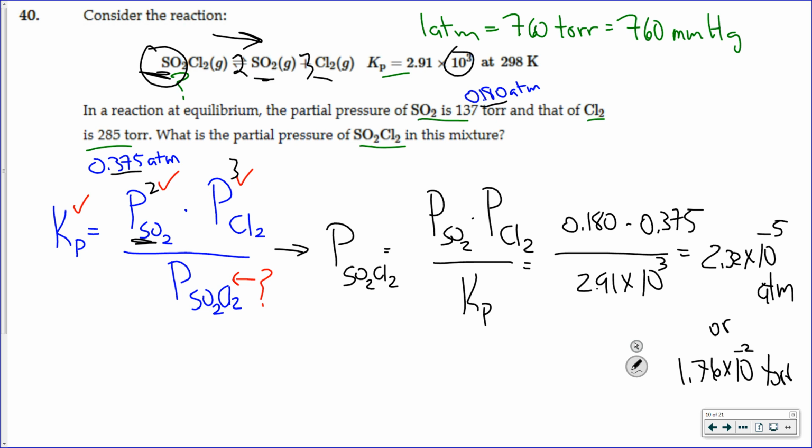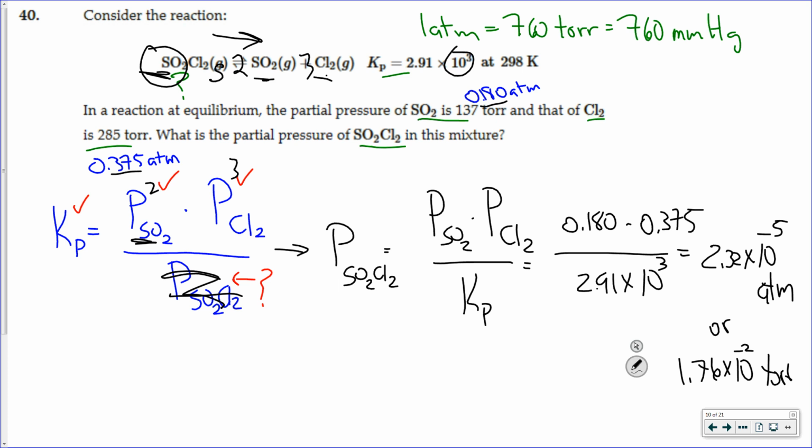Okay, so if this had been a solid, is that what you're asking? Yeah. Okay, if it had been a solid, this term would completely drop out. K sub P would just be these two things. So is there a time where we include solids? Never. Solids and pure liquids are never included. Yep.